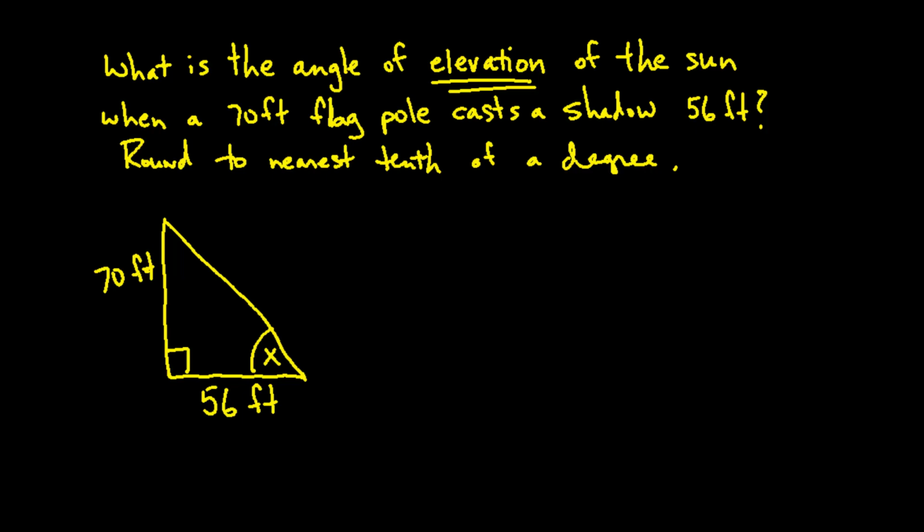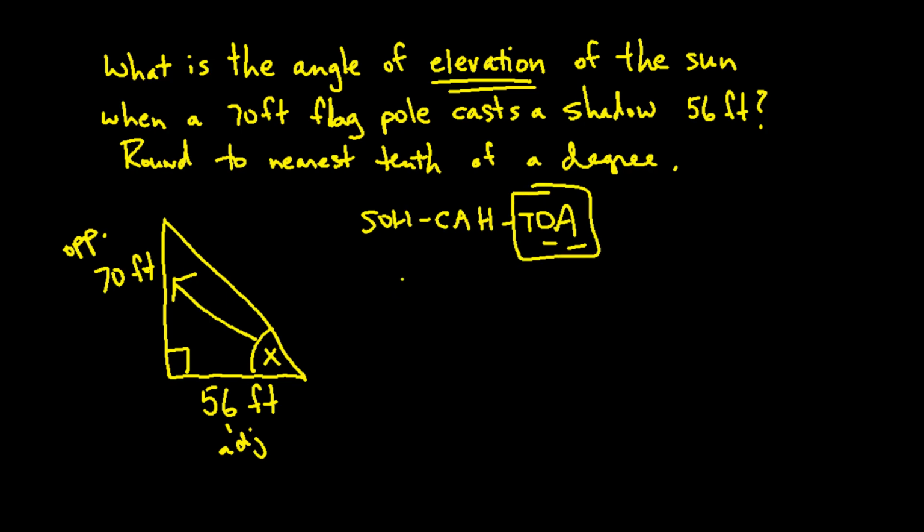In terms of opposite, adjacent, and hypotenuse, the 70 is the opposite side, and the 56 is the adjacent side. So when you think of SOHCAHTOA, the two values opposite and adjacent are in the tangent function. So we know that tangent of the angle x equals 70 divided by 56.